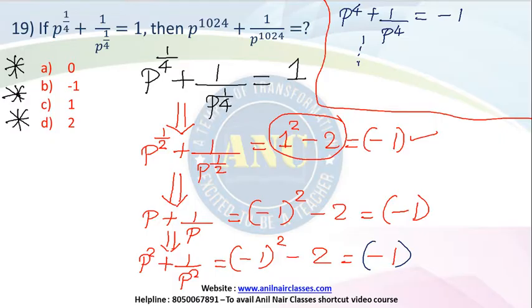Finally you get p power 1024 also, which is minus 1 whole square minus 2, again minus 1. Beautiful cyclicity problem where the answer is minus 1. I hope the idea is clear. The answer for this question is minus 1, exactly similar to the way we solved earlier. No change in the approach.